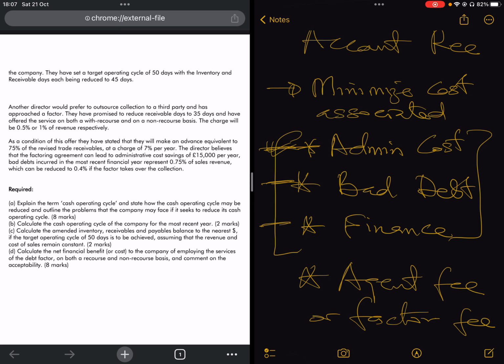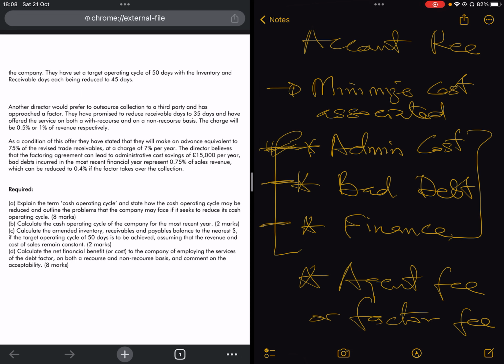And likewise, bad debt incurred in the most recent financial year currently at 0.75%, and this can be reduced to 0.4% if the factor takes over the collection. So you can see currently we are doing a bad debt of 0.75% write-off every year. That is loss.